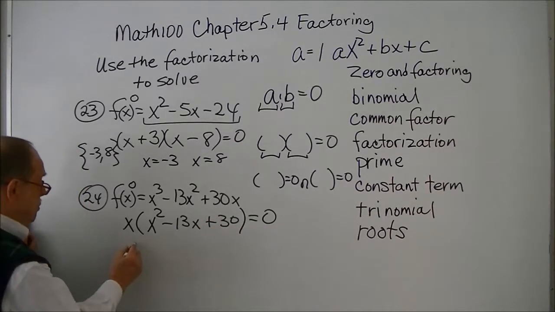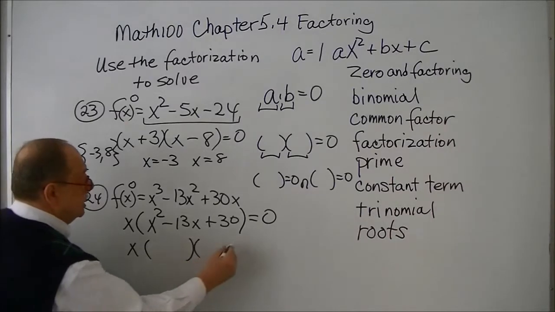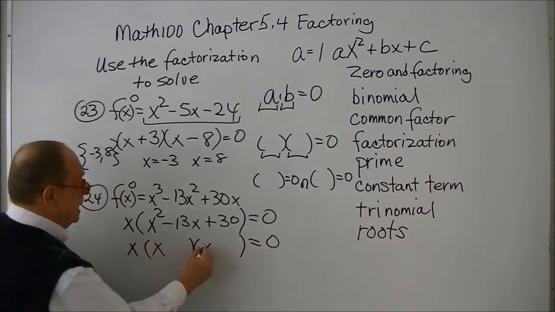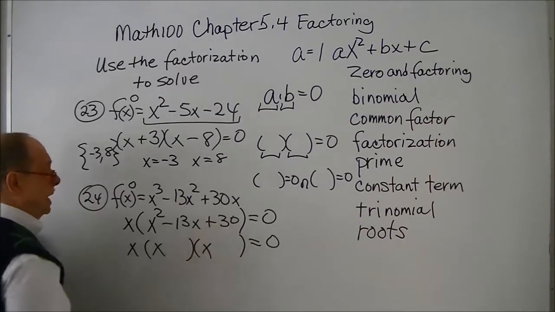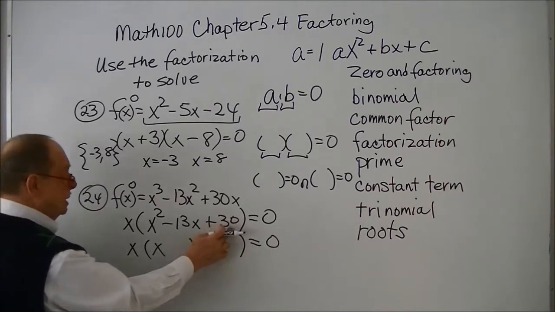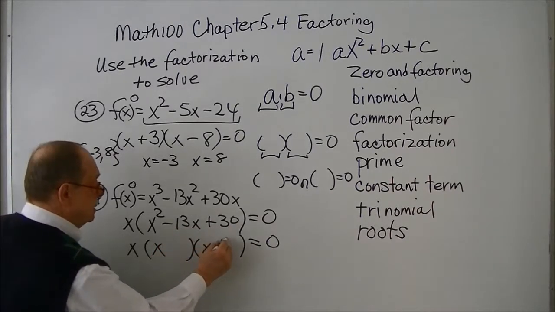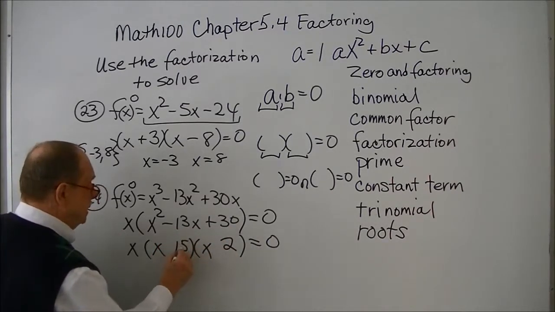Now the x is important. 2 sets of parentheses. X, x. Now we're going to factor 30. And I can see 2 and a 15.